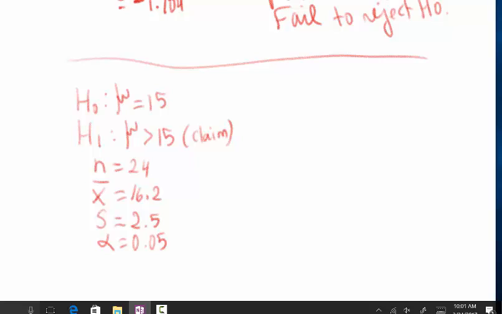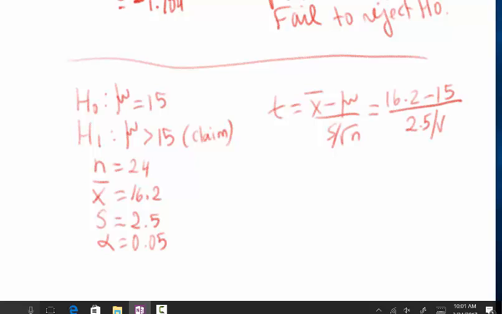So what we're going to do, we're going to calculate the test statistic t, which is x bar minus mean divided by s over square root of n, which is 16.2 minus 15 over 2.5, and everything over square root of 24. Let me see what the answer is here. T is 2.352. Double check on that to make sure that you know how to perform the calculations.